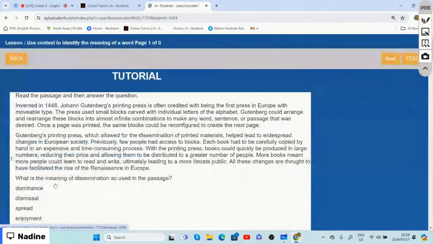All right, so we're going to use context to identify the meaning of a word.